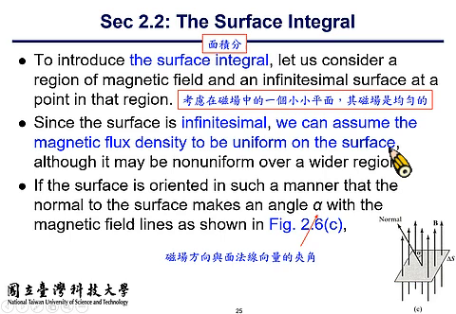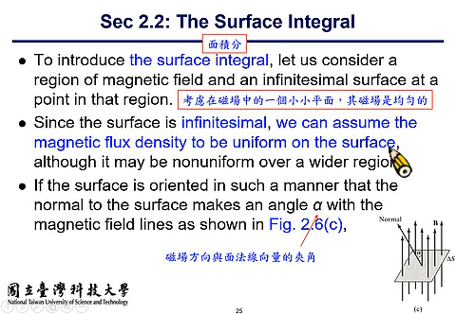So let's begin with this slide. Assume we have a region of magnetic field and an infinitesimal surface at a point in that region. We know that in this space there's some background magnetic field, and we didn't say that the magnetic field is homogeneous. It can have different distribution at different points in this space.